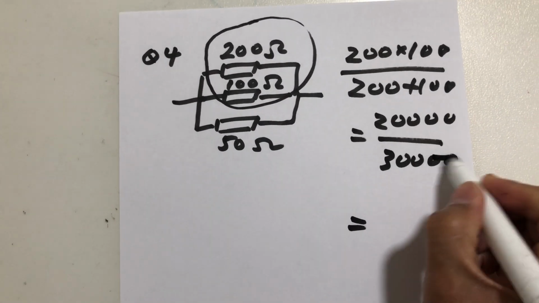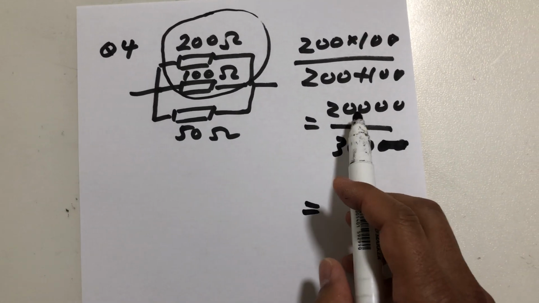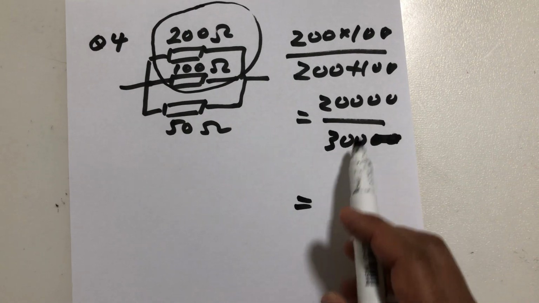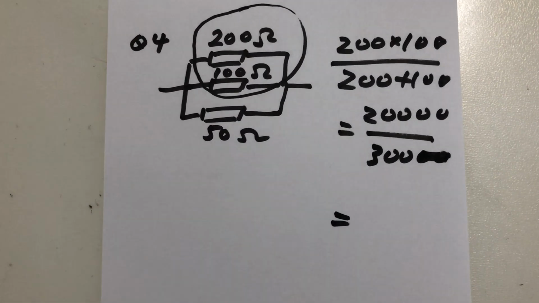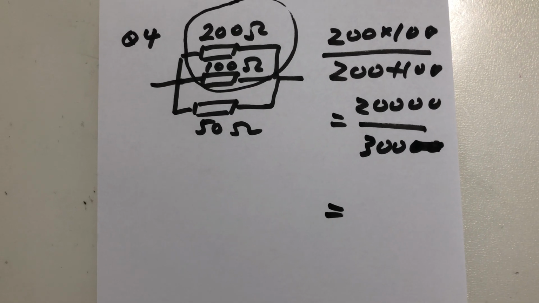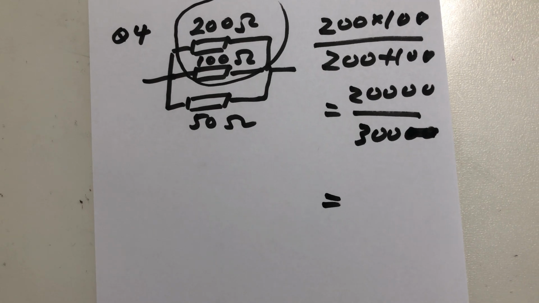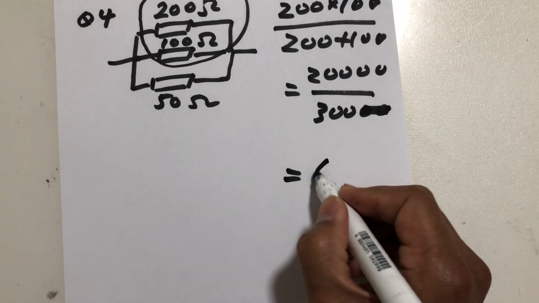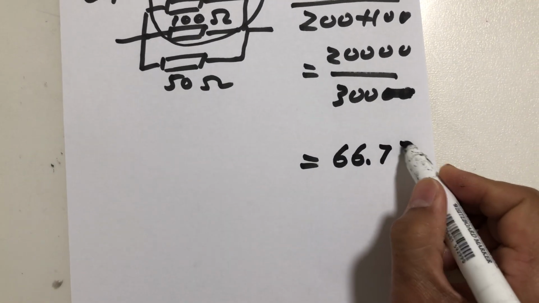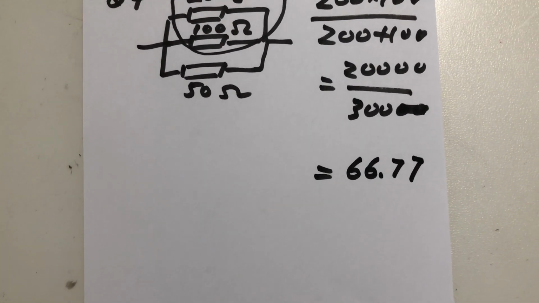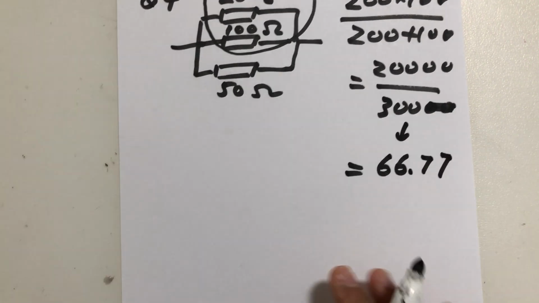Sorry, wrong. Okay, so that means 20000 divided by 300. So what's the answer? Let me calculate. Equals 66.7, roughly here. Okay, that's one. Not finished here.